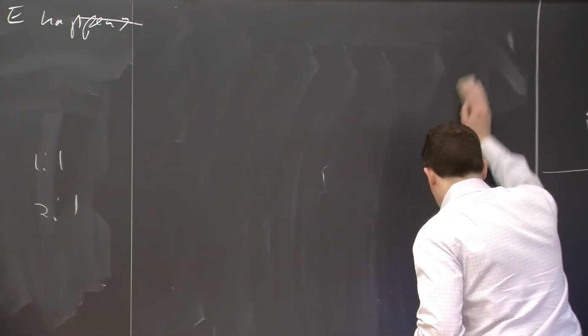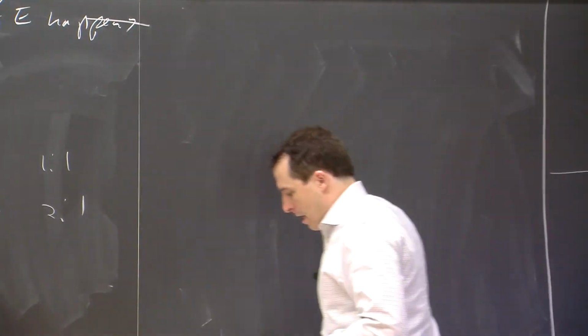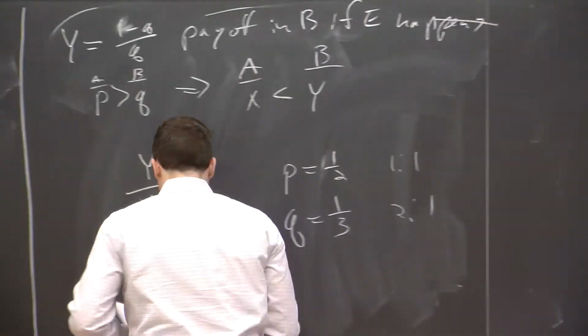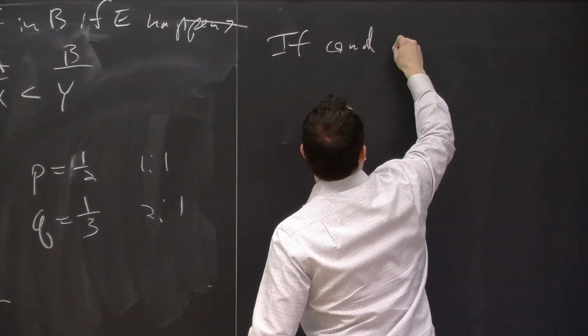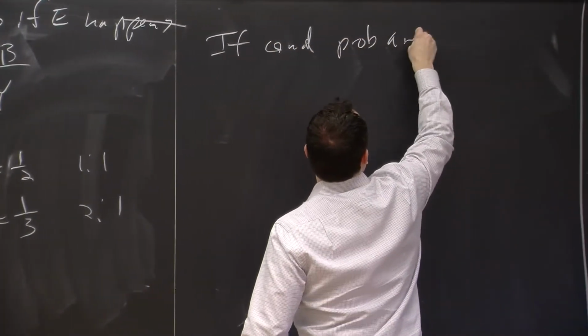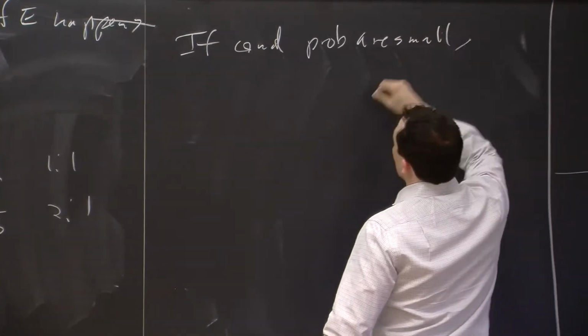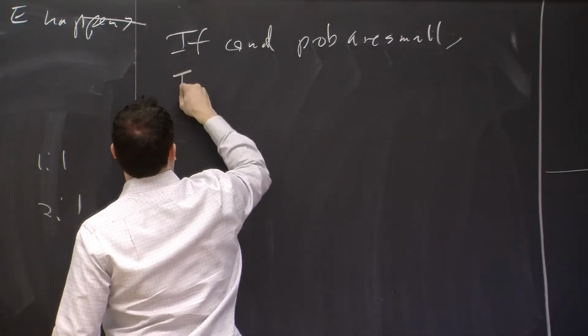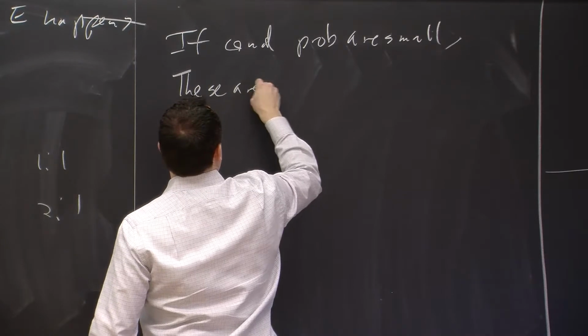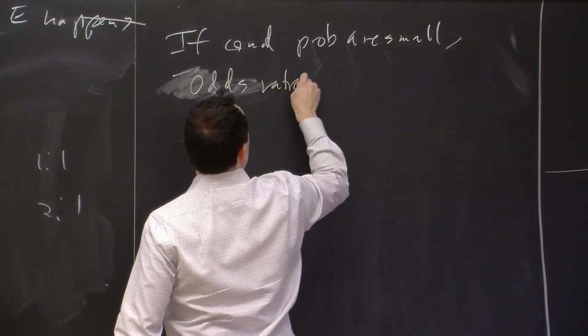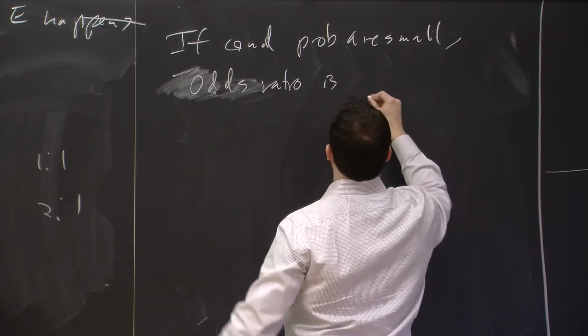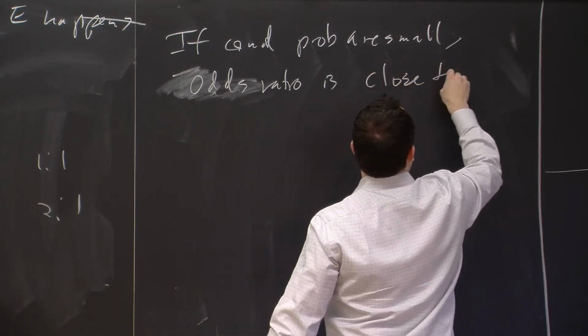We don't get relative risk. But if the conditional probabilities are small, these are close. The odds ratio is close to the relative risk.